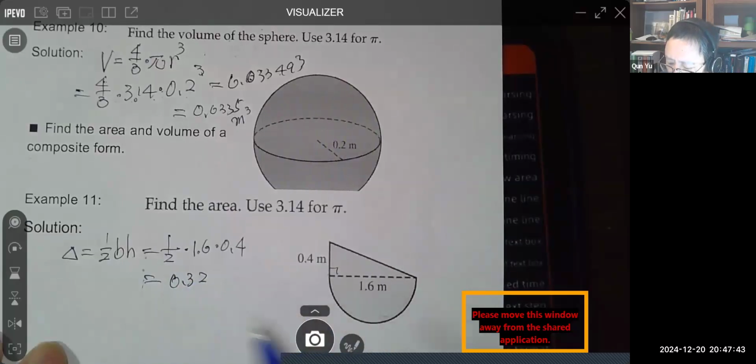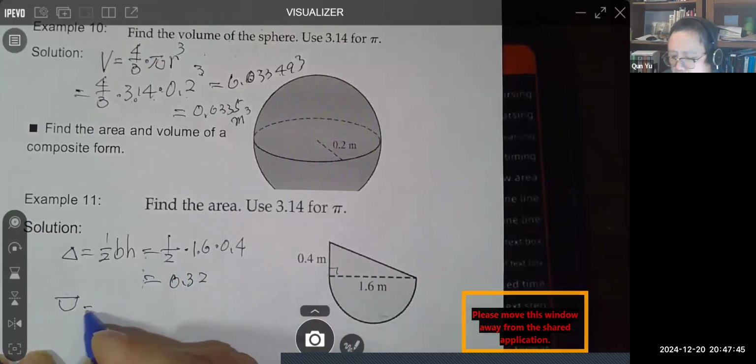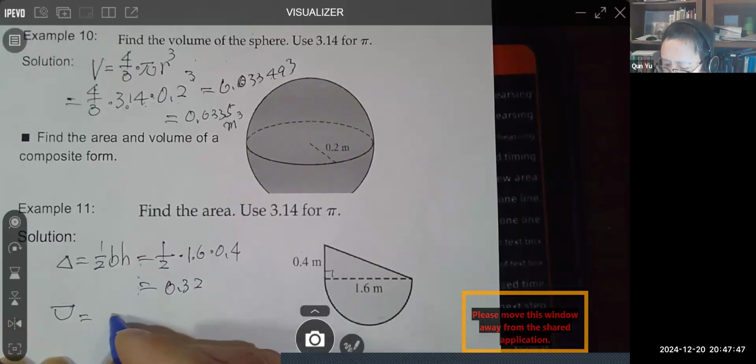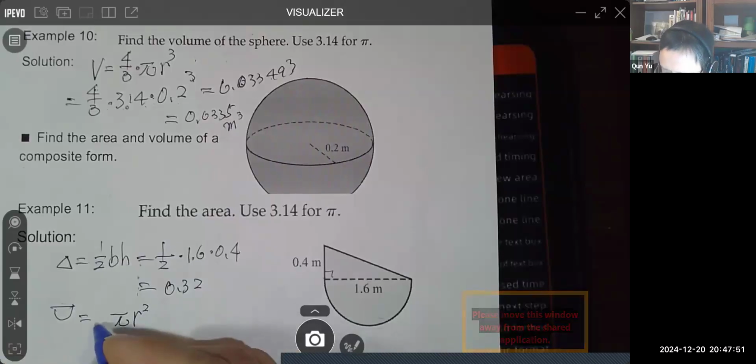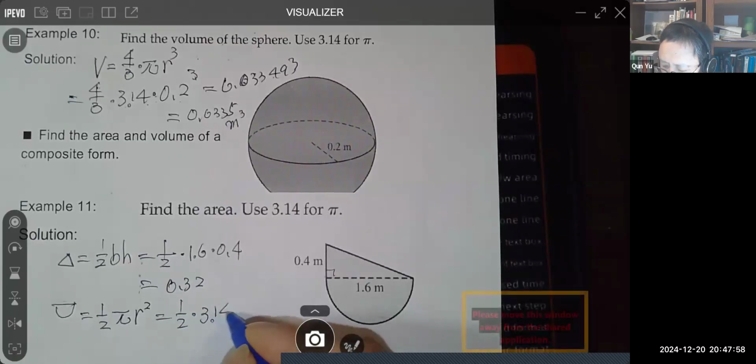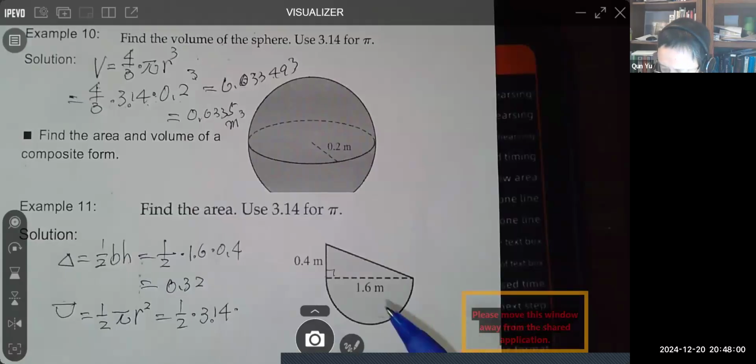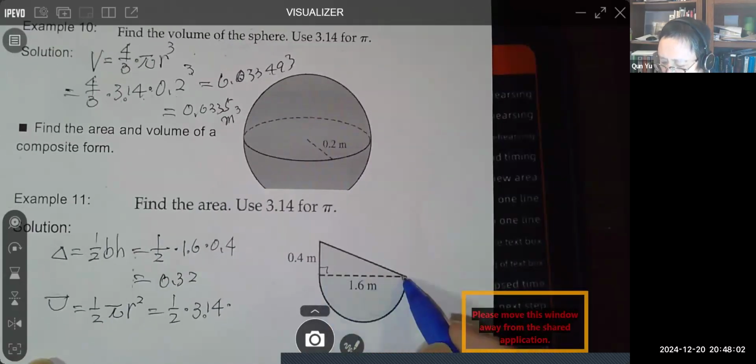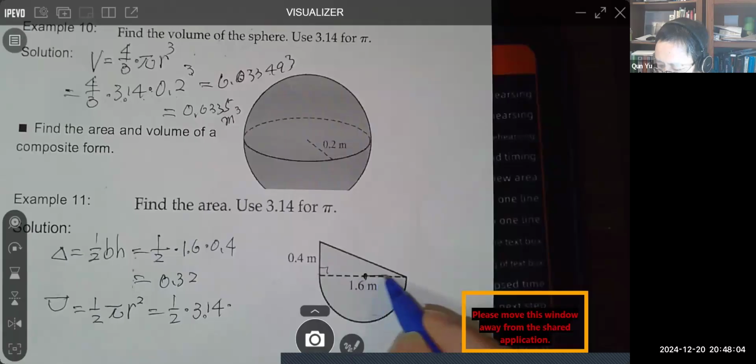Now let's calculate the area of this half circle. It's very easy because we all know circle area is pi r squared, right? We need half of it, half circle. So half times 3.14 for pi times the radius. Now be careful, this whole thing is the diameter, half of it will be the radius.